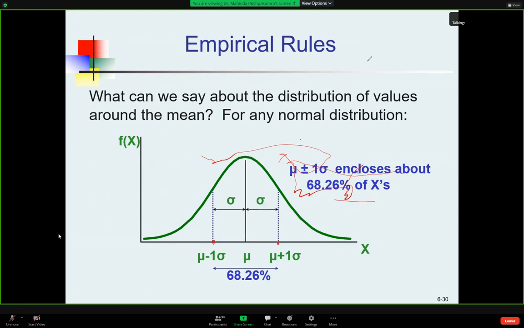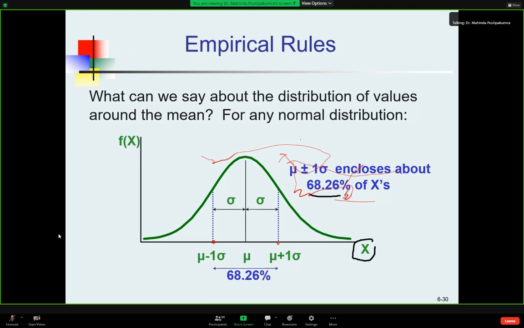According to the empirical rule, if the variable x is normally distributed, there are 68.26% of observations within one standard deviation from the mean.